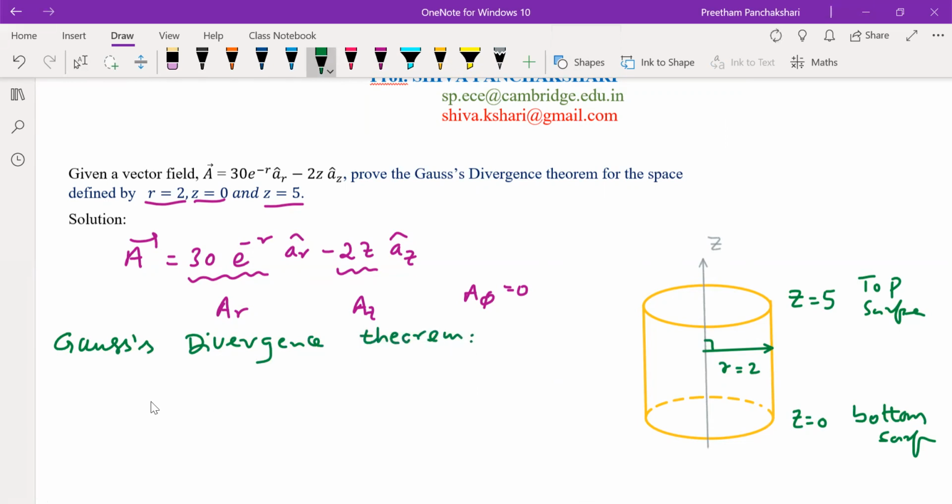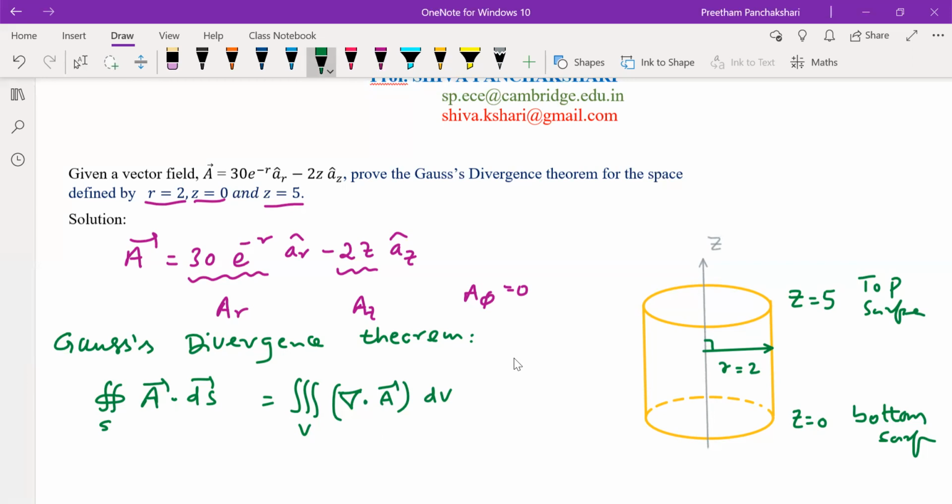In terms of vector A, that is the closed surface integral of A over the closed surface S is equal to the volume integral of divergence of A throughout the volume, let us say V, enclosed by the surface S. Here the closed surface is the complete closed cylinder.